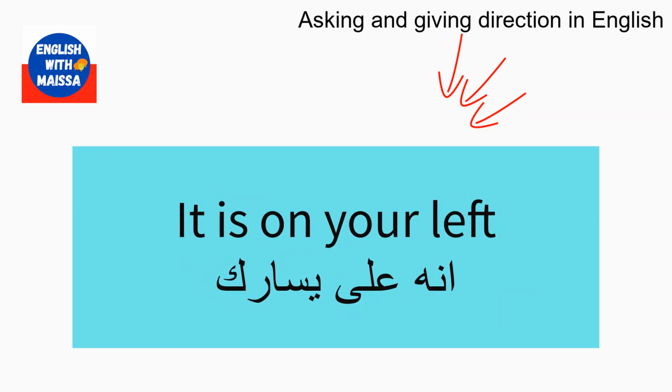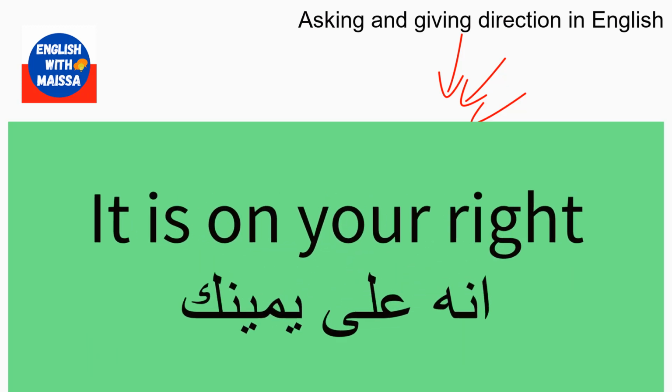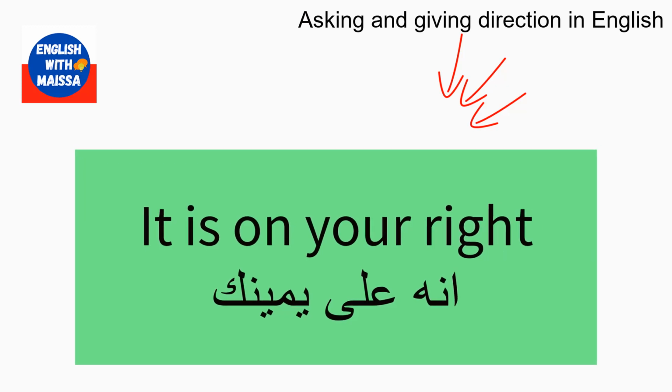It is on your left. Here it means the place we are talking about, for example the bus station or hospital, restaurant, etc. It is on your left. It is on your right.